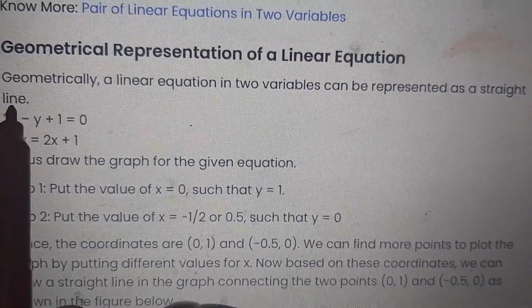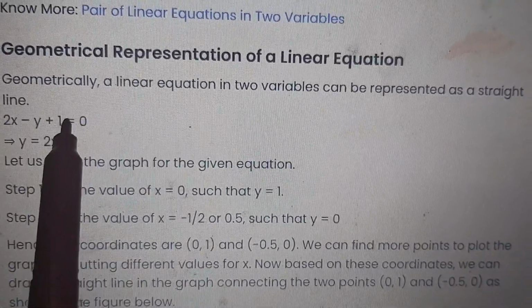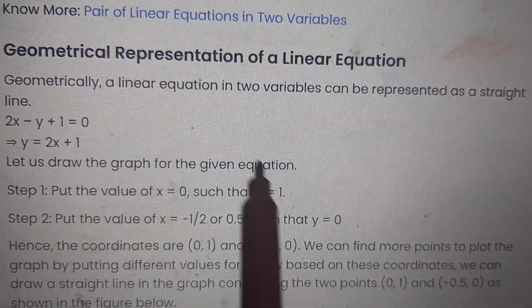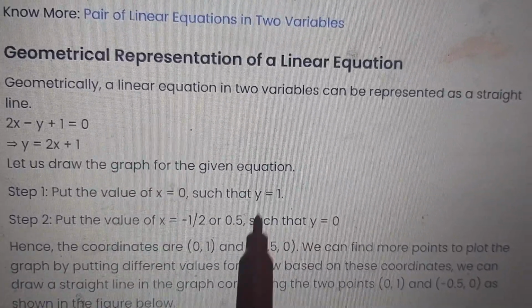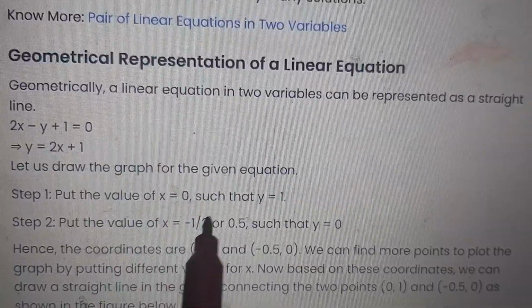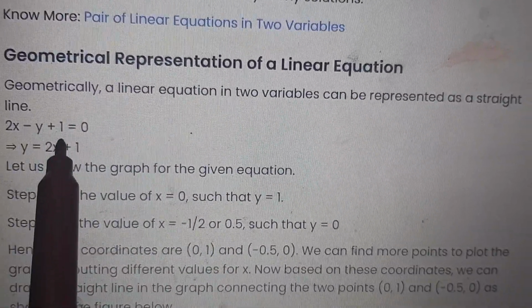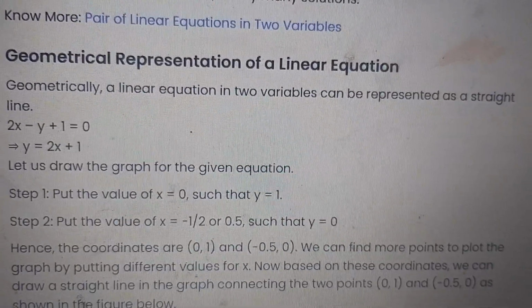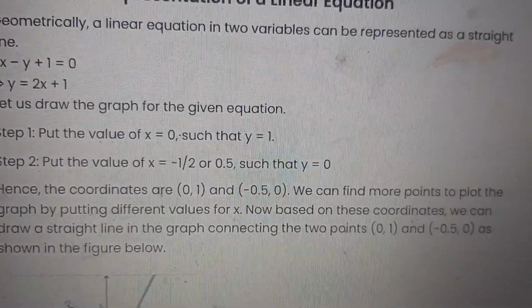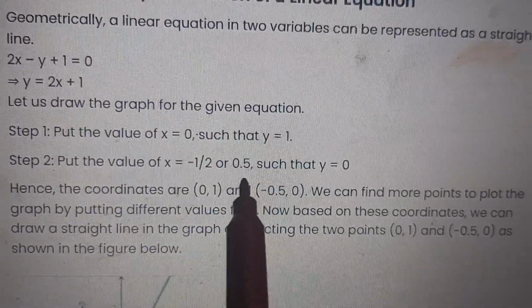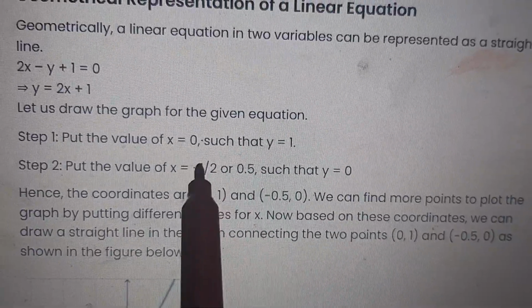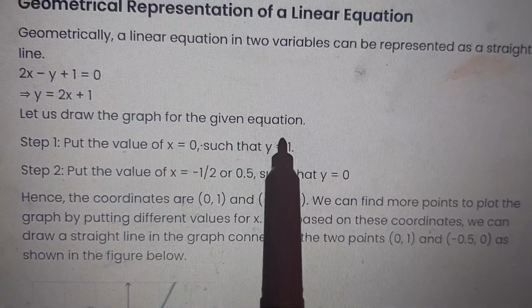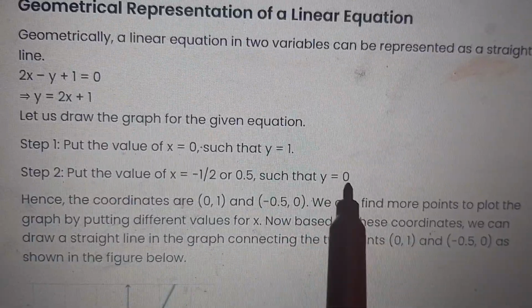It becomes minus y plus 1 equal to 0, so y equals 1. And put the value x equal to minus 1 by 2, then we get y equal to 0. Like this, if you put the values 0 and minus 0.5 for x, we obtain the values 1 and 0 for the y variable.